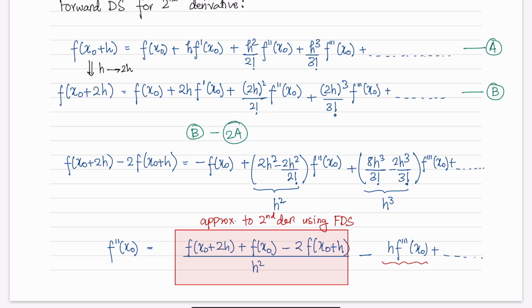And the leading term of my truncation error is of the order h, which implies that this is first order accurate, right? So by default, using the central differencing scheme with 2 points, you get an approximate that is second order accurate, whereas using the forward differencing scheme with 2 points, you get a first order accurate scheme, which is the same story that we had for the first derivative as well.